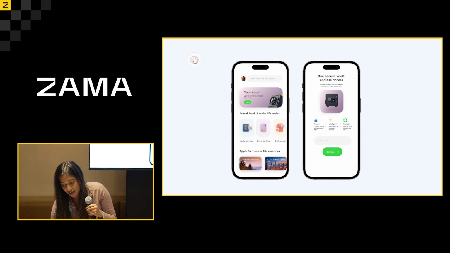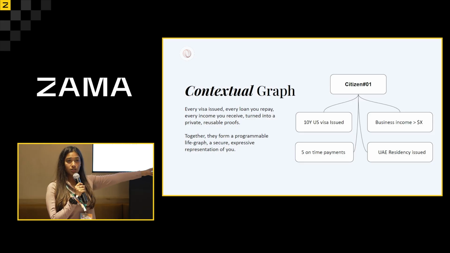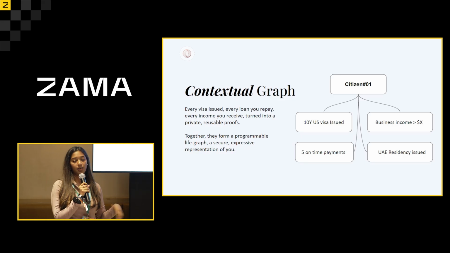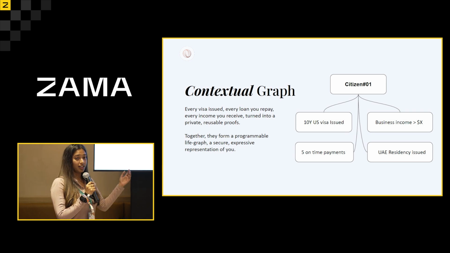Going back to this, this is a contextual graph that exists within Onchain City and something that's pretty important. Every time you do something within Onchain City, a proof is created. And so over time, an individual can create this programmable live graph that has valid information.